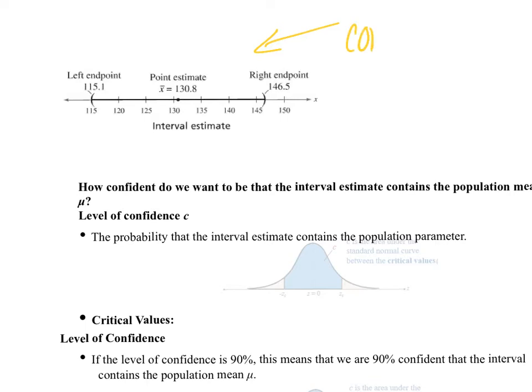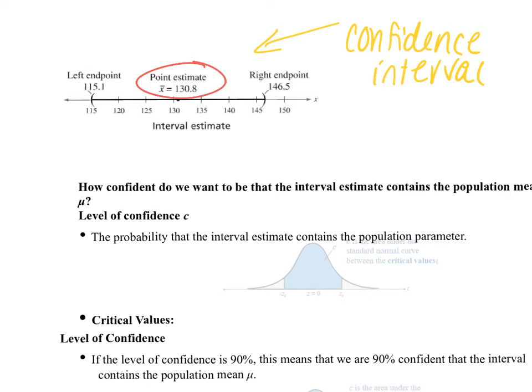So this is what a confidence interval is going to look like. So we have our point estimate here of 130.8. That means we had some kind of sample, and the estimate for the mean of the sample was 130.8.